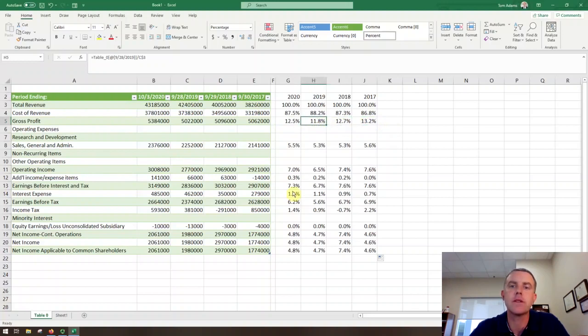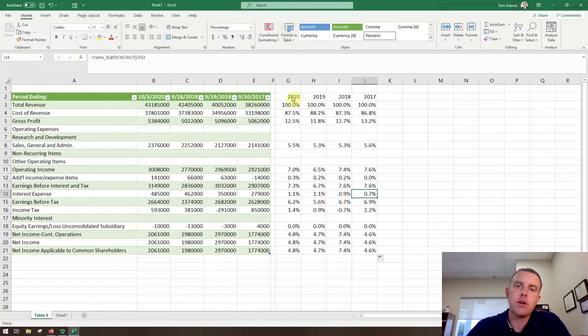They dropped down to 12.7, down to 11.8. It looks like they rebounded a little bit here in 2020. SG&A has been pretty consistent across the years, and interest expense looks like that's been relatively consistent, somewhere around 1%.